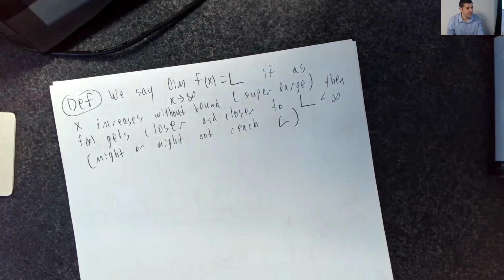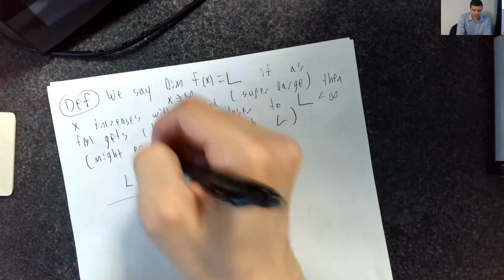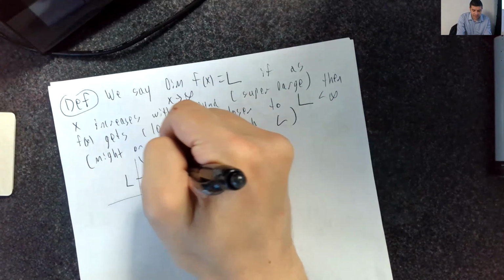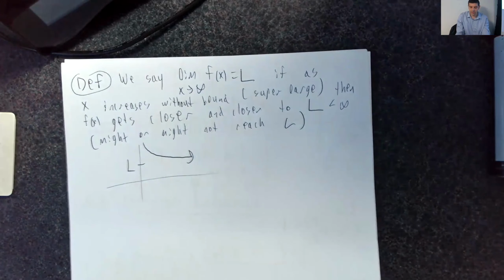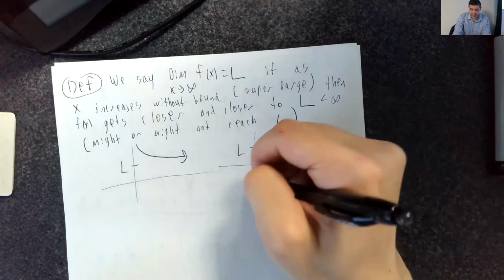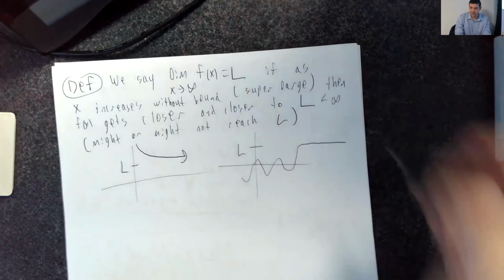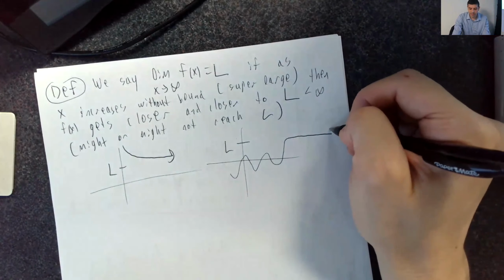Okay. It doesn't have to be like the drawing that I did. It could reach L. So you could have L here, and you could have a function that doesn't reach it. Could be like that. Or you could have something like L here, and you could have a function actually reach L. It's perfectly fine.